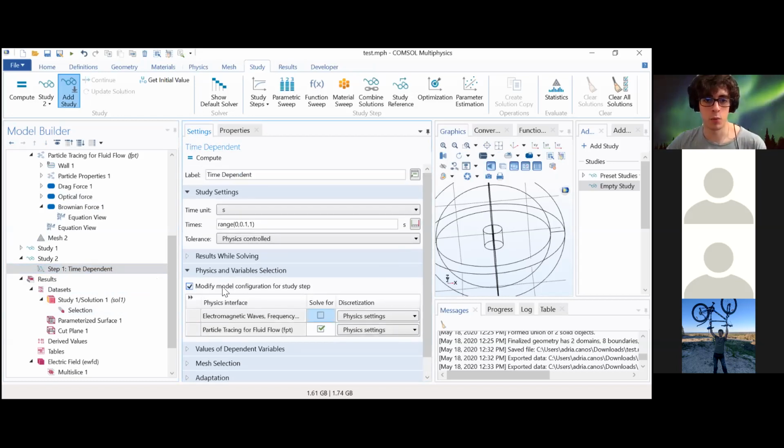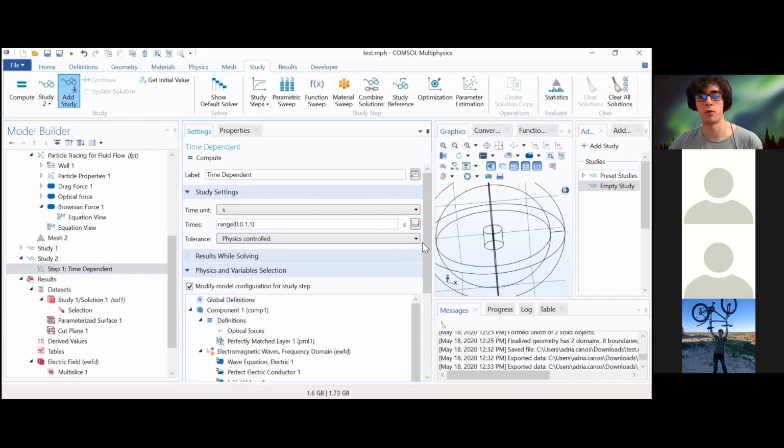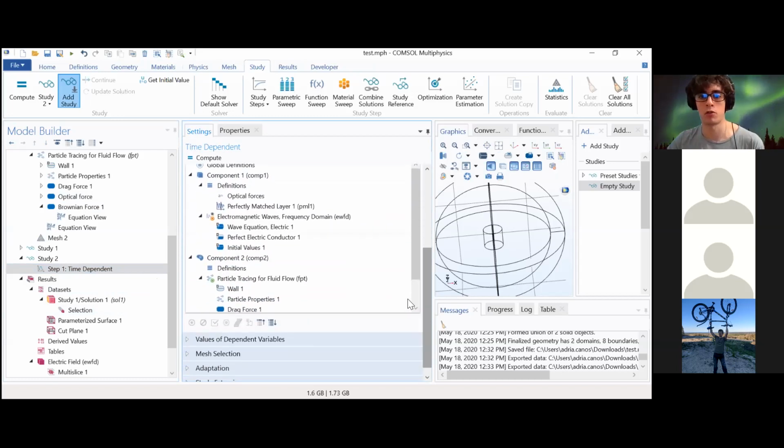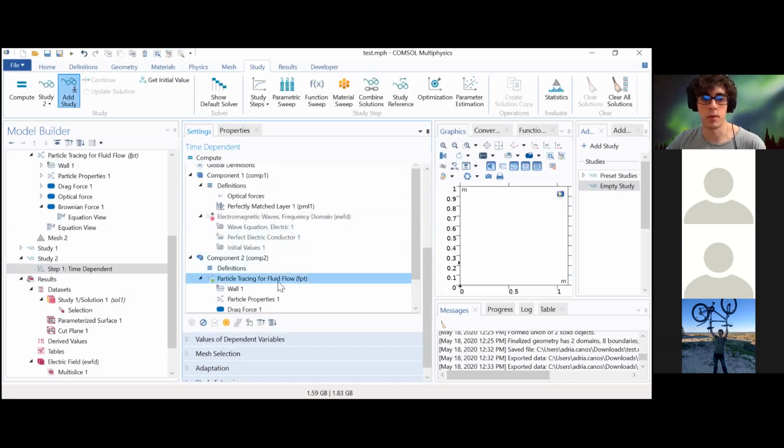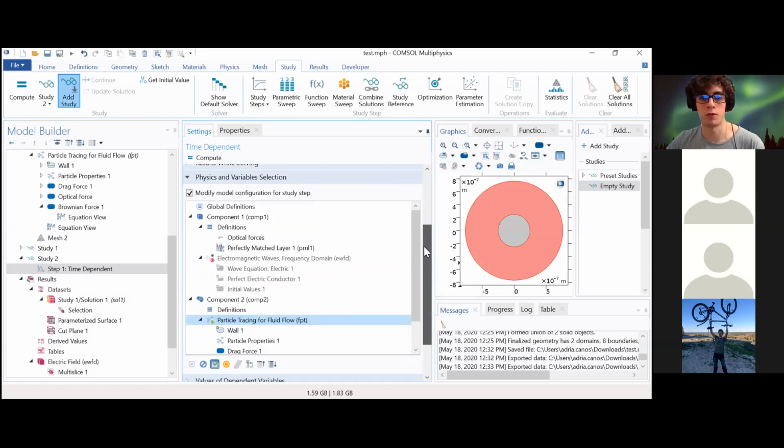And just in case, in the physics and variables section, I will modify the configuration to make sure that the model is only solving for the 2D domain and not for this specific effect. So I will just disable it completely and make sure that we are only solving for particle tracing.